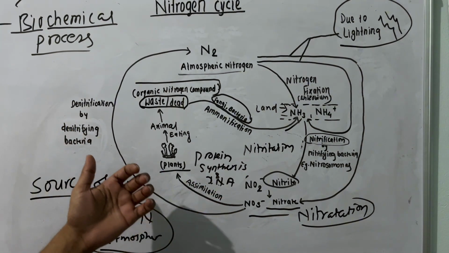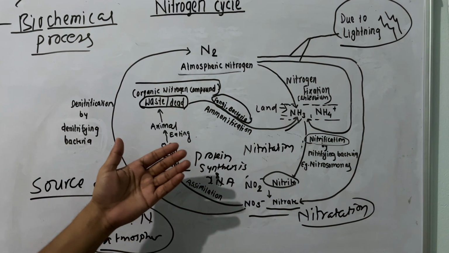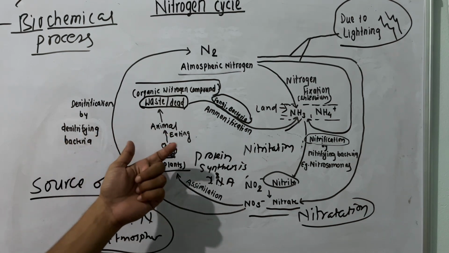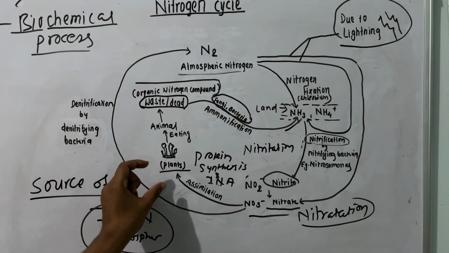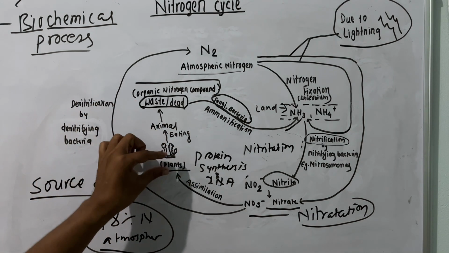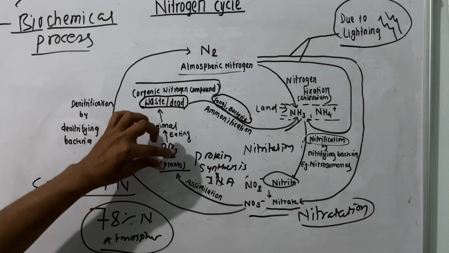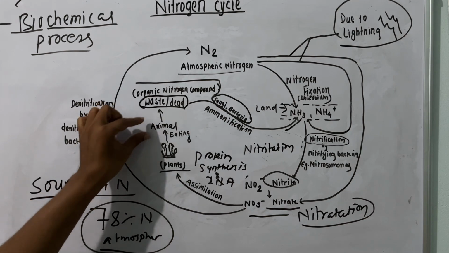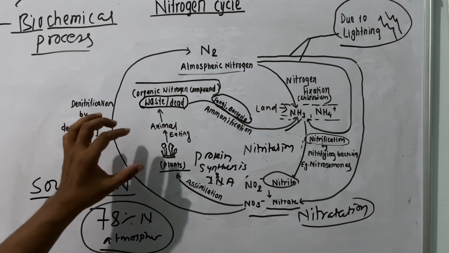After the plant assimilates this nitrate for protein synthesis and DNA synthesis, the plant will be eaten by the animal for nutrition. Here also the nitrogen present in the plant in the form of protein and in DNA will be eaten by the animal, and the animal also gains protein from the plant.